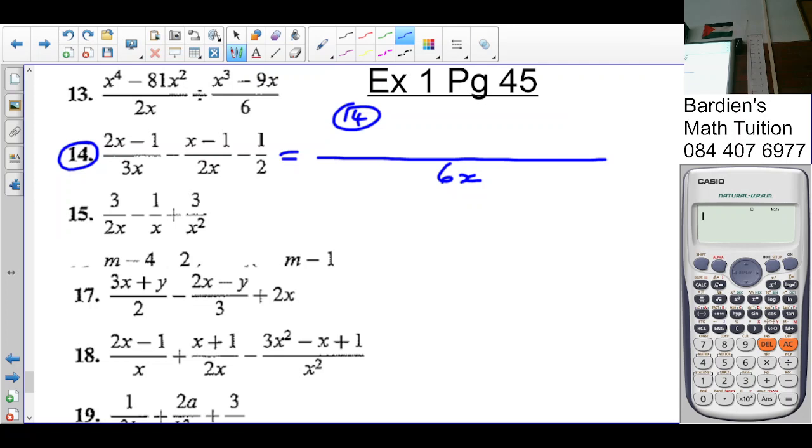So 3x multiplied by what is 6x? Let's put here LCM. Let's multiply that by 2 and that by 2. So it's 2 into 2x minus 1. That must be multiplied by 3, so it's negative 3 into x minus 1. That was multiplied by 3x, so it's going to be minus 3x into 1.